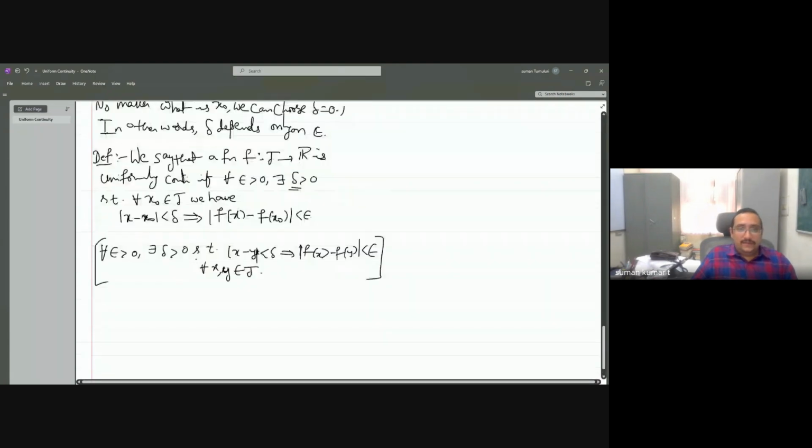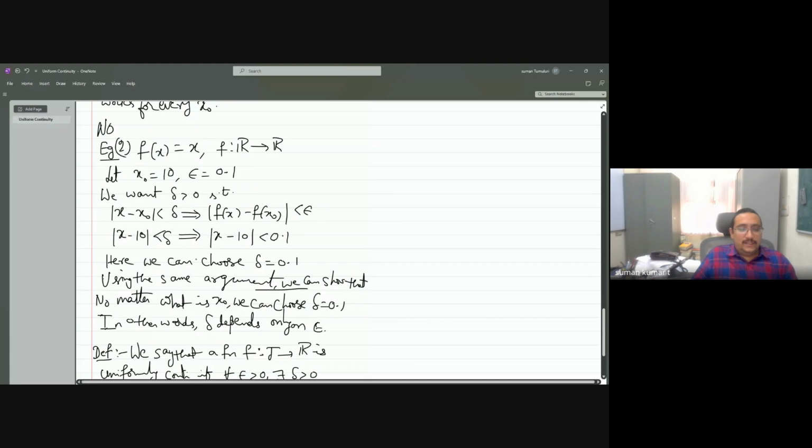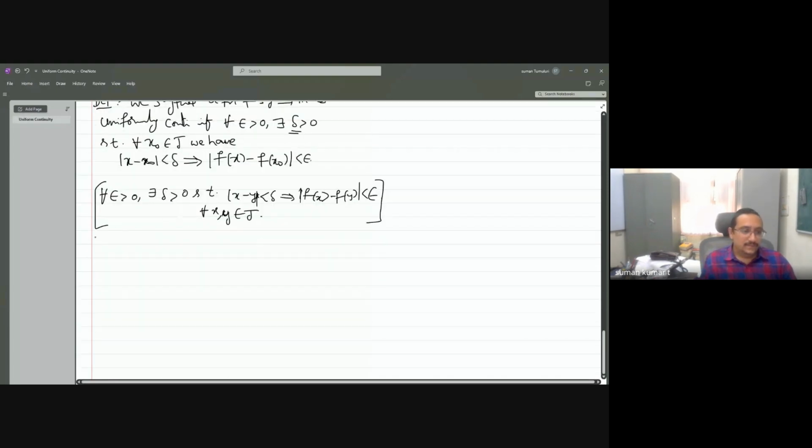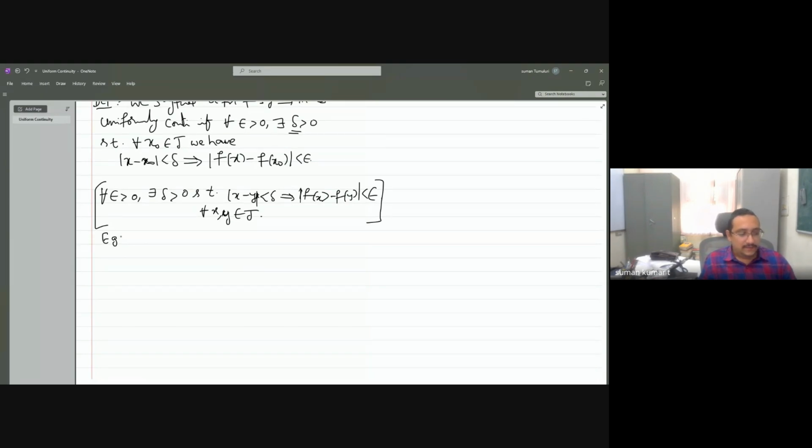After you see the definition and the motivation, can you quickly give a uniformly continuous function? f of x equal to x, where f is a function from R to R, is a uniformly continuous function.